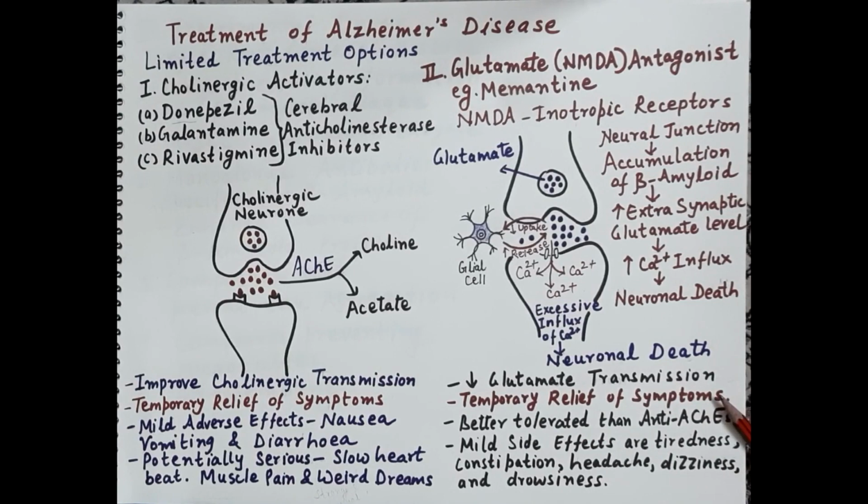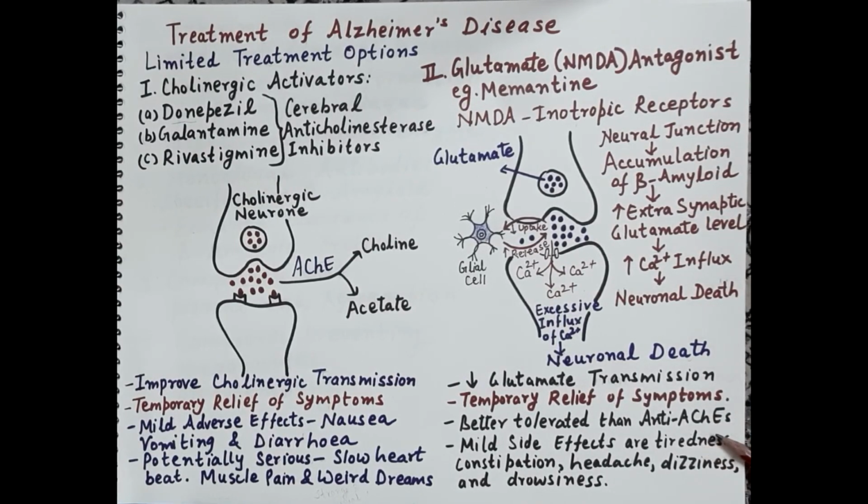However, even though they successfully reduce the glutamate transmission, they are found to only provide temporary relief of symptoms. There is no relief in the progression of disease. There is no slowing down or stopping of the process of neurodegeneration and the neuronal death.